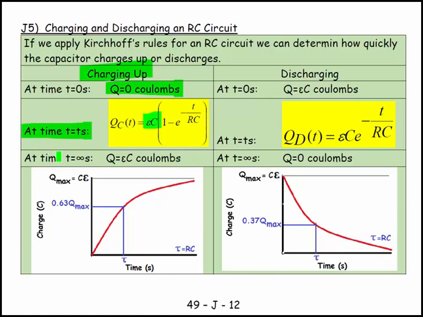And then at very long times, I said infinite seconds here, we find that it's fully charged, and so this part becomes 1, and we end up with the charge being the EMF times the capacitance.